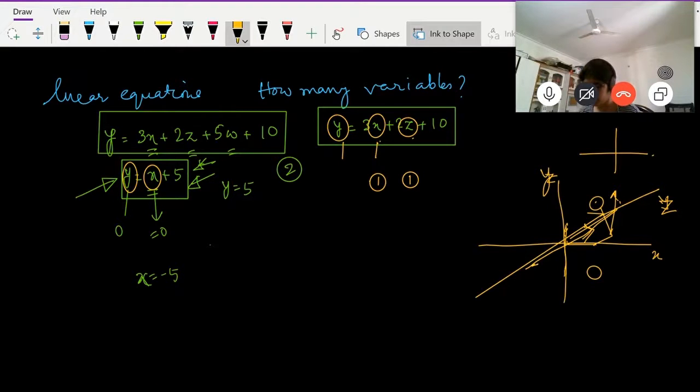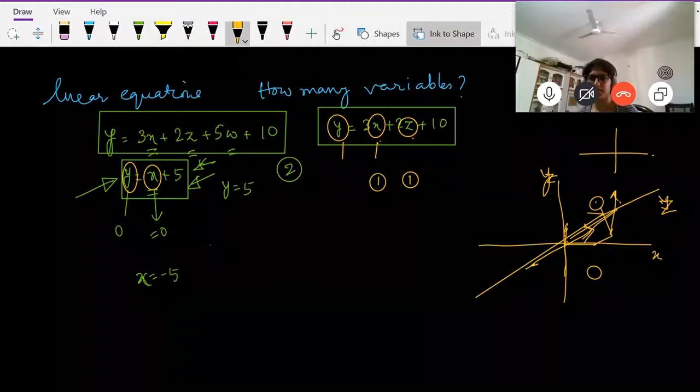Similarly, when we go to higher dimensions, there will be more axes that need to be drawn or visualized to visualize the actual plot of the equation, right? So I just told you this.